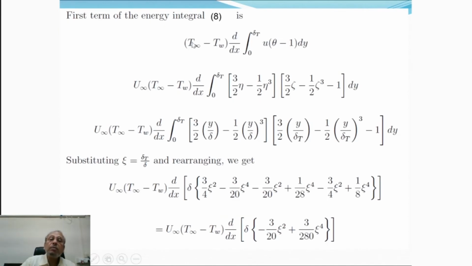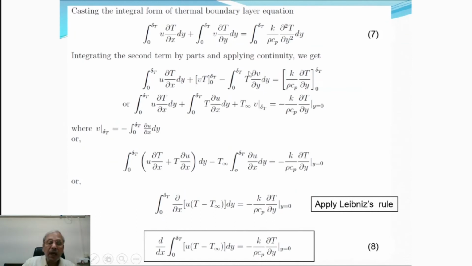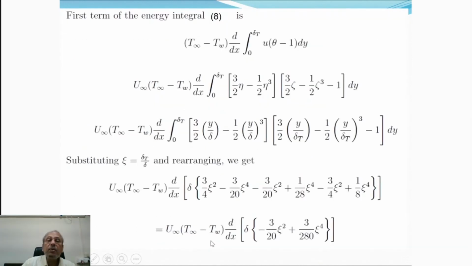So the left hand side of the energy integral equation we can now write as (T infinity minus TW) into d/dx of the integral from 0 to delta t of u into (theta minus 1) dy.